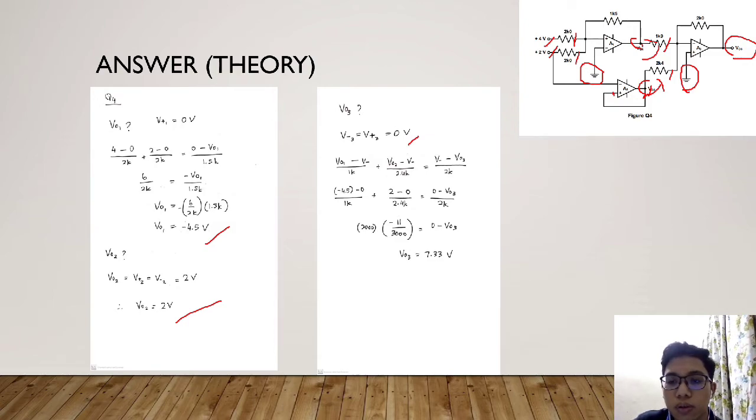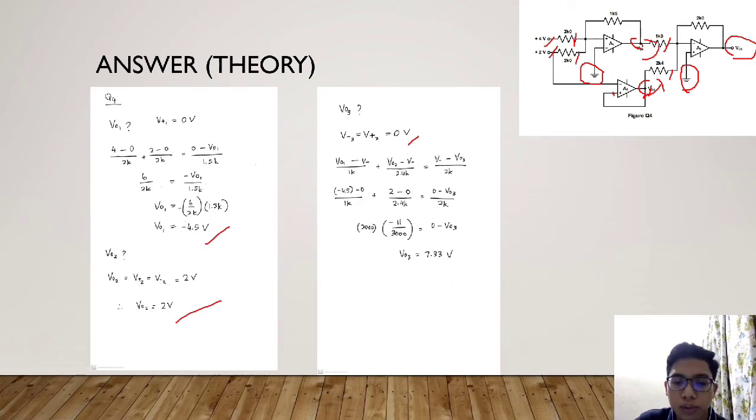Just like the previous example, we have to add up the currents to find the total current in. Applying this formula: V output 1 minus V minus over 1k, plus V output 2 minus V minus over 2.4k, is equal to V minus V output 3 over 2k.